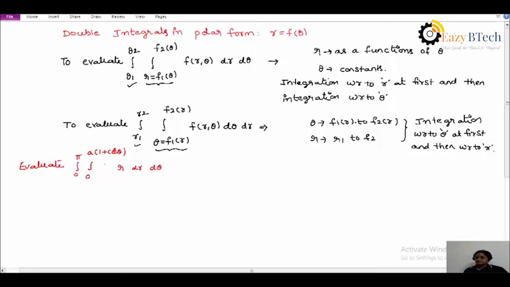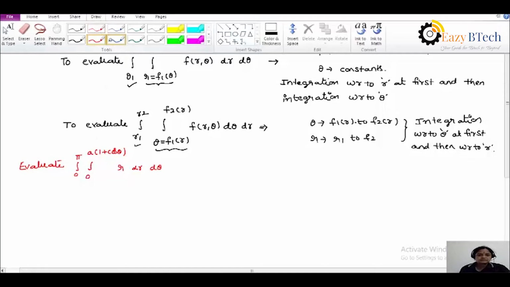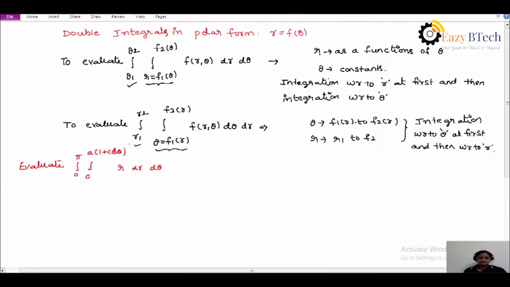So observe here in this question, the inner limits are in terms of theta. So in the solution, integral 0 to pi and integral 0 to a into 1 plus cos theta of r.